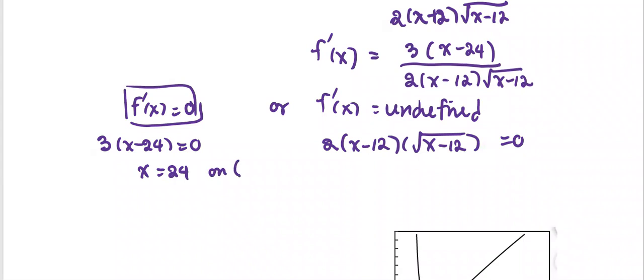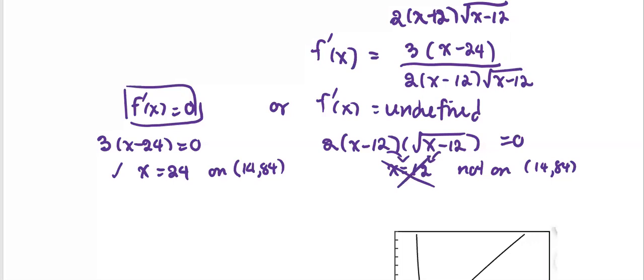It has to be an interior point, so it has to be between 14 and 84, not the left end, not the right end. So we keep this value. For the undefined case, we have x equals 12 from both factors here. x equals 12 is not on the interval 14, 84. So then we ignore that number.